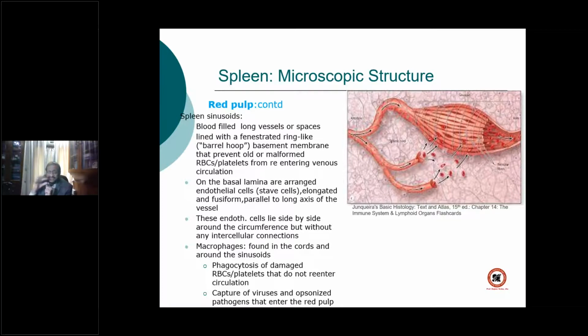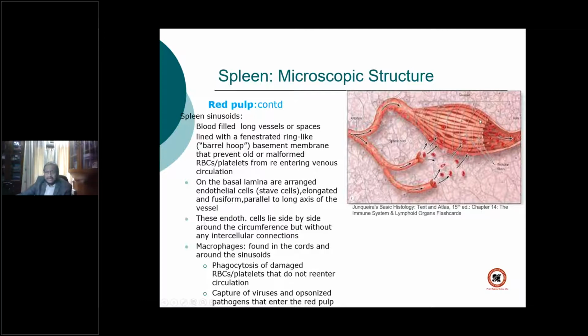An RBC which is diseased. That is why this forms a very good filter for diseased RBCs. Diseased RBCs, rigid RBCs, deformed RBCs like spherocytes, can never go inside the fenestrations. They can never enter the sinusoid. They would just be sequestrated or filtered off into the red pulp, right?